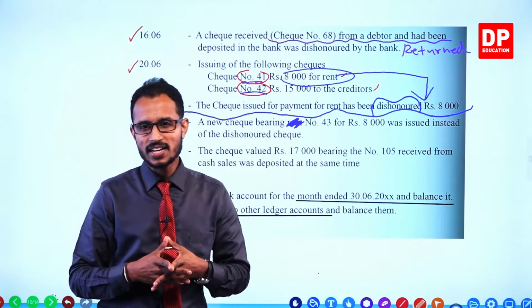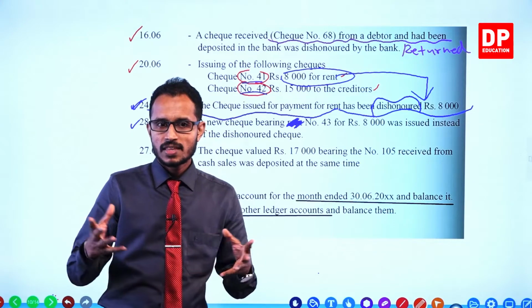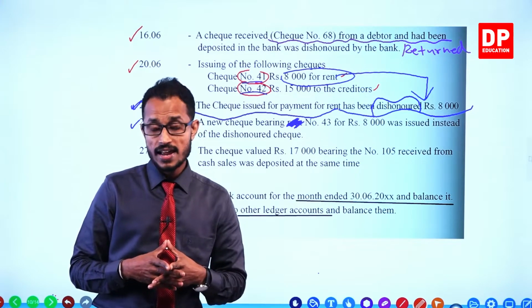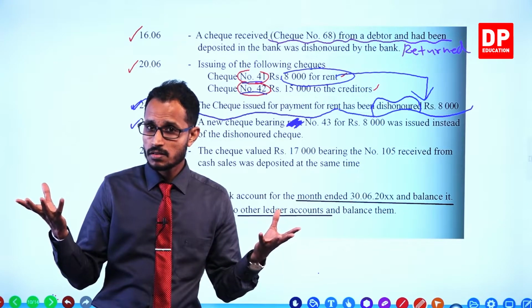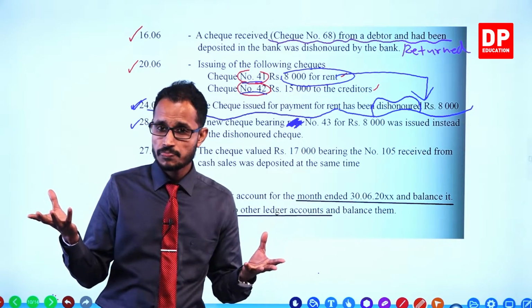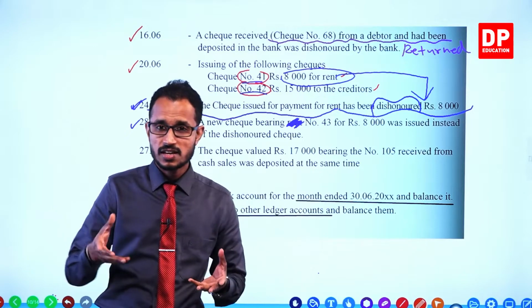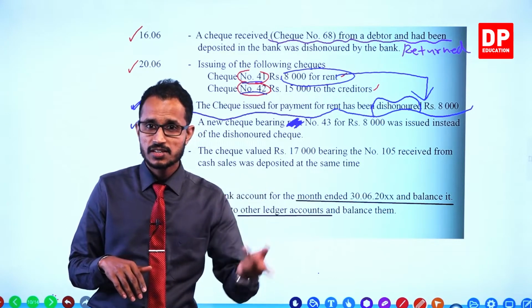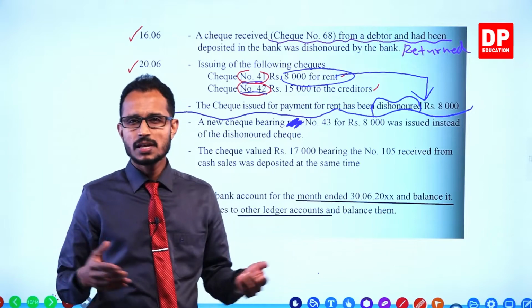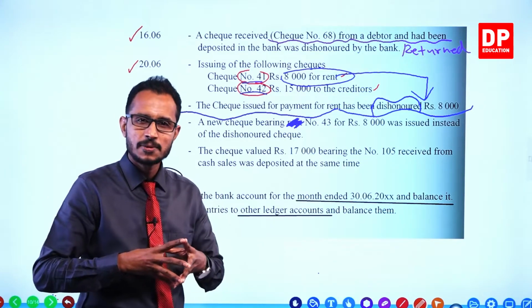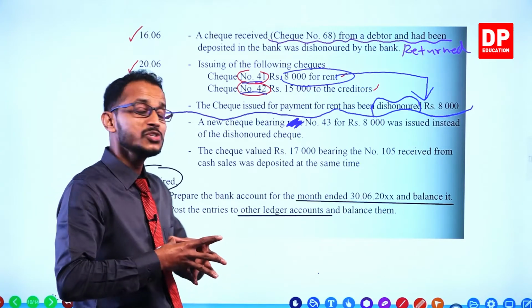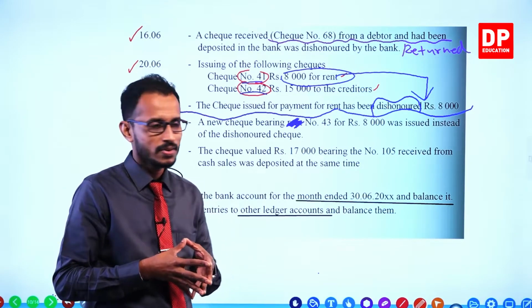Well, maybe not that harsh, but if the rent check has been returned, the landlord will be like, what's your deal? If your checks are getting returned, pay me with cash. He will be somewhat upset. So we have issued a new check for him.